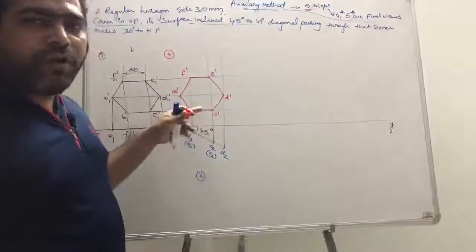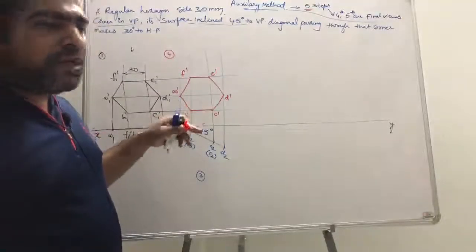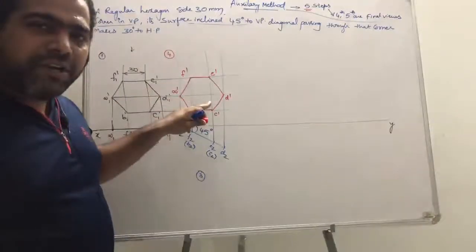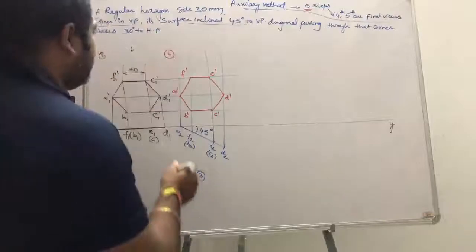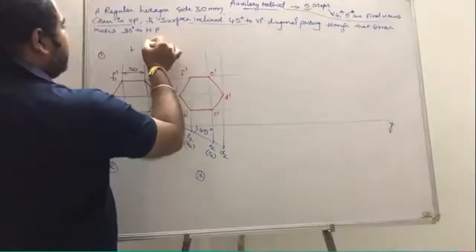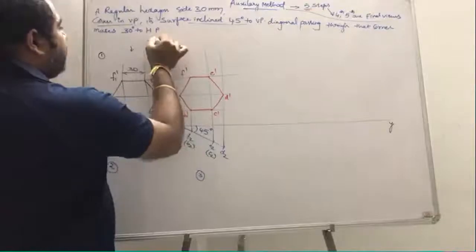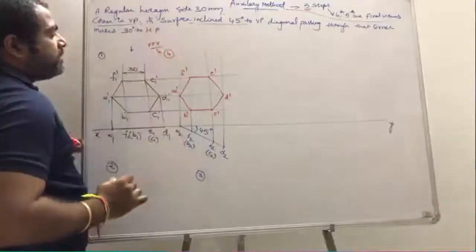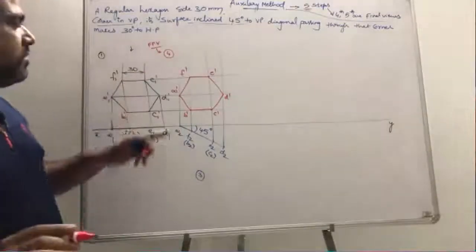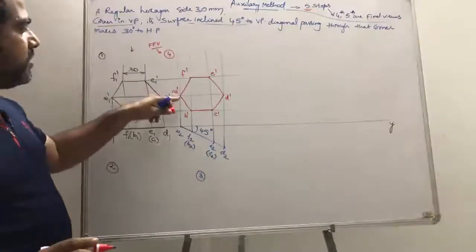Is it the top view or front view? Above XY means it is the front view. So the fourth step is my front view. Why? Because the fourth and fifth are our final views. So this is my final front view, obtained as the fourth one.